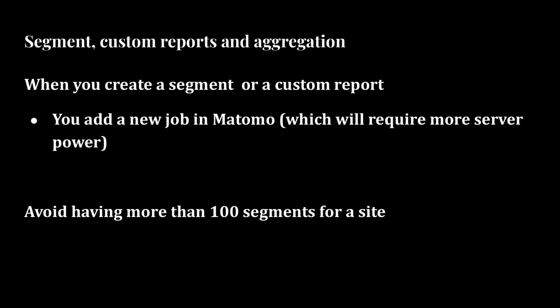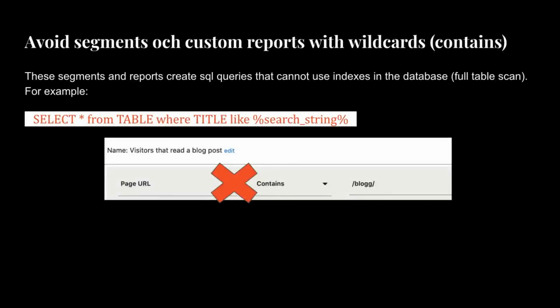So keep that in mind. One thing we learned really the hard way is that if you create segments in Matomo and you use wildcard conditions in your definitions, they have a large impact on your database performance. Because what happens is you see the SQL query that is created.